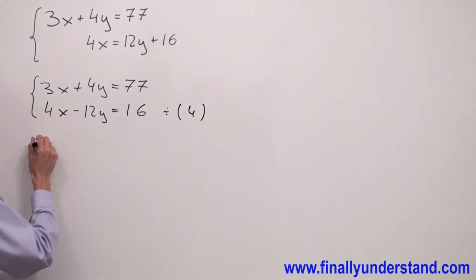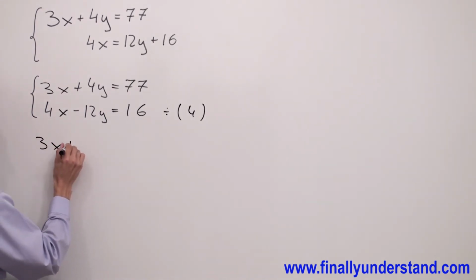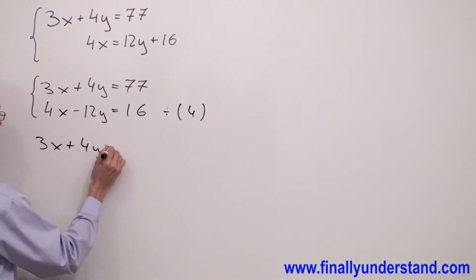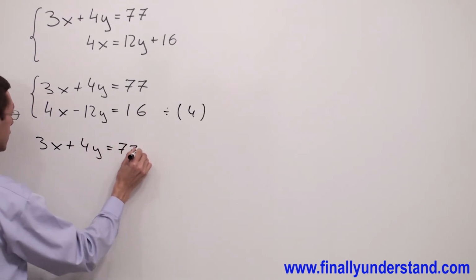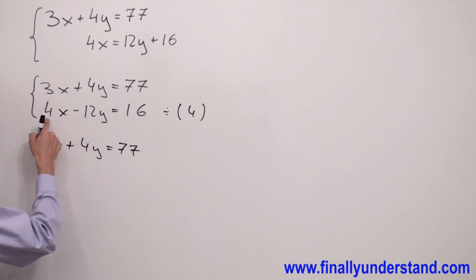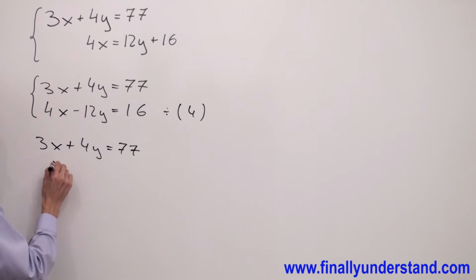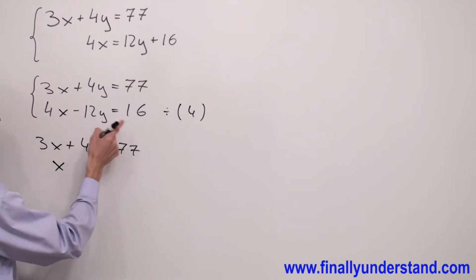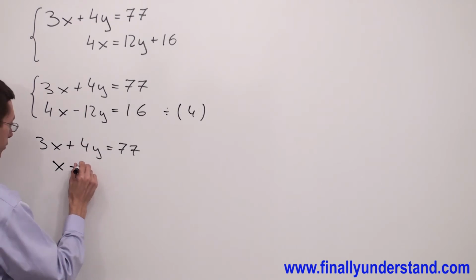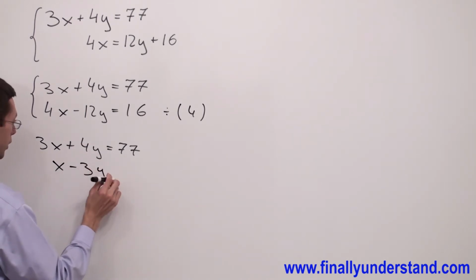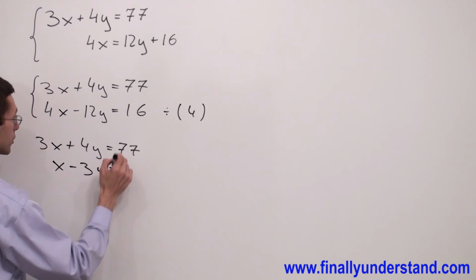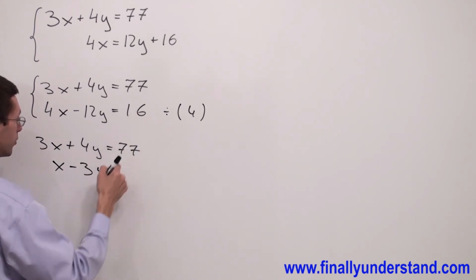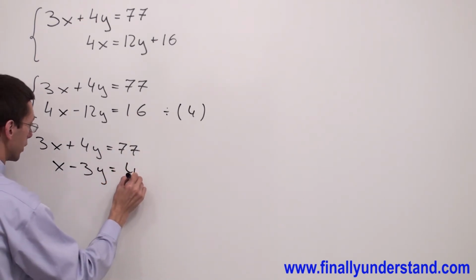Copy down the first one, so I have 3x plus 4y is equal to 77. And I have 4x divided by 4 is just x, minus 12 divided by 4 is negative 3y, equals 16 divided by 4 is equal to 4.